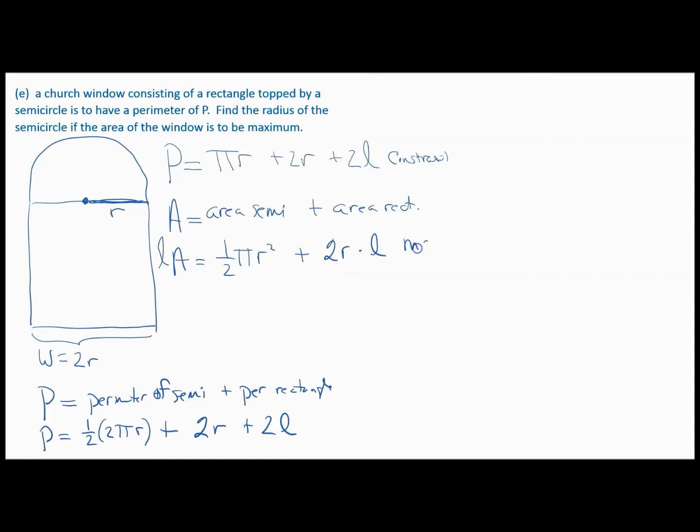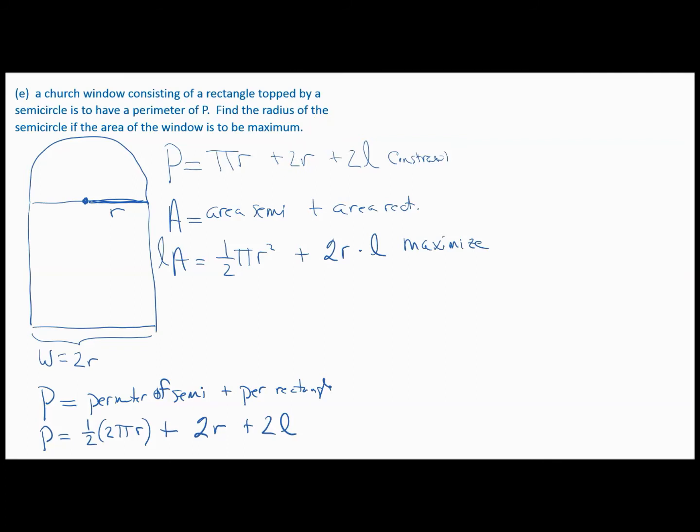Now this is the equation we're trying to maximize. Now what's our problem? Well, our problem is our equation we're trying to maximize has two different variables. The R varies and the L varies. So what we need to do is write this equation in terms of either just R or just L. And remember, that's what the constraint equation is for.